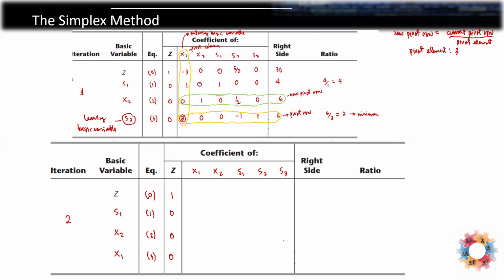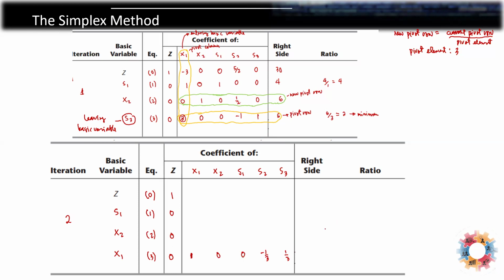So create now your new pivot row. That means that the new pivot row is in the last column, last row. So each entry in the last row will be divided by the pivot element, 3. So you have 3 divided by 3 is 1. Then 0 divided by 3 is 0. 0 divided by 3 is 0. Then negative 1 divided by 3 is negative 1/3. And 1 divided by 3 is 1/3.